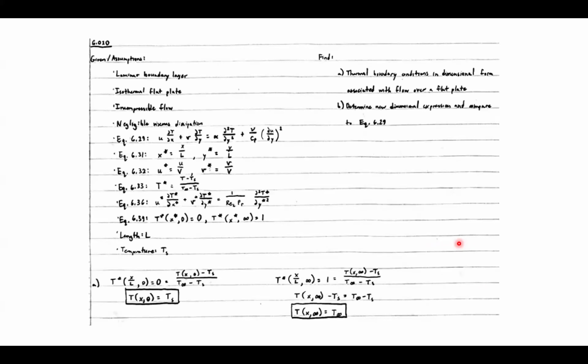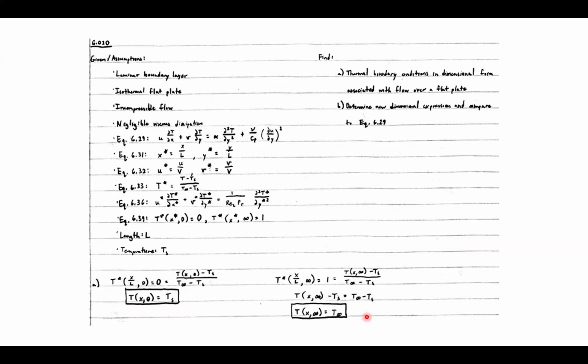So looking at part A, we have equation 6.39, and when we substitute equation 6.33 into that equation and simplify, we get that the first boundary condition is just the temperature at a given x coordinate, and at y equals 0 is equal to the surface temperature of the plate.